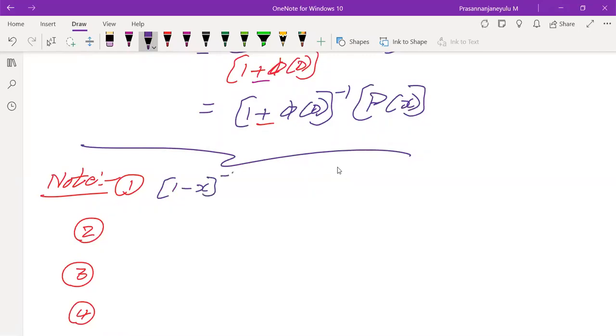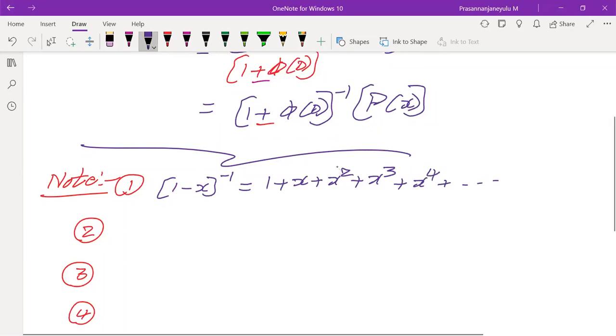Yes, can any of you remember what is the formula of 1 minus x whole power minus 1? Anybody? 1 plus x square plus x cube plus x power 4 plus and so on. Only the power will increase, that's enough. In the same manner, tell me what is the formula of 1 plus x whole power minus 1?